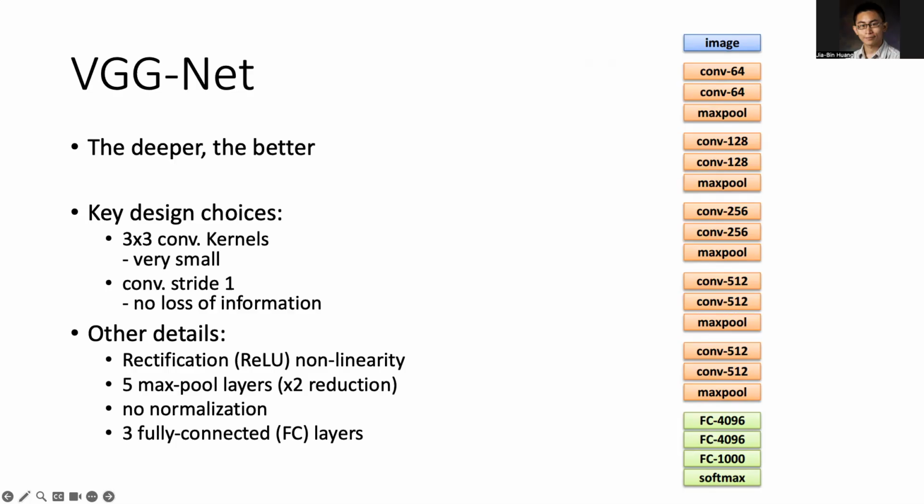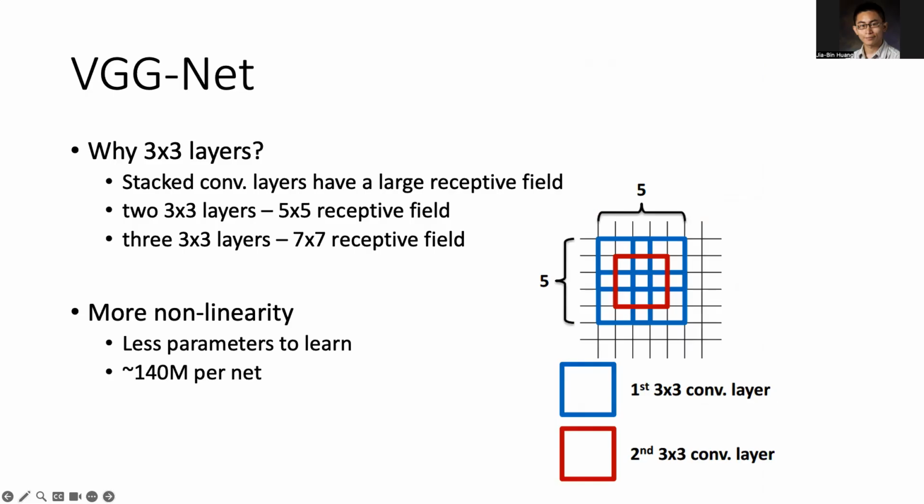Okay, so why can you use smaller kernels? It's the following. If you have a 3x3 filter, if you only have one layer, then every output only sees a 3x3 window of the input. But if you have multiple layers, even if you only have a 3x3 filter for every layer, your receptive field will still grow.